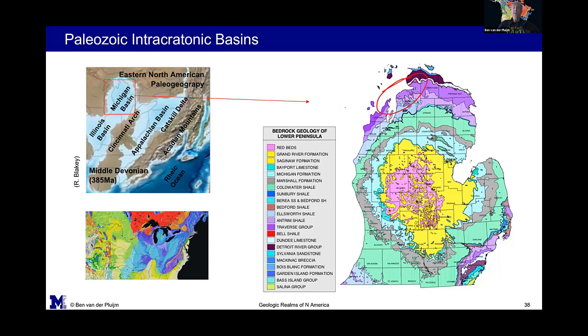But it turns out that the entire substructure of the state of Michigan is this large, nearly perfectly spherical sequence of rocks, meaning they are a basin which is filled up, and another part of the basin filled up, another part of the basin filled up, with the deepest part of the basin nearly 5 kilometers, starting at the base of the Paleozoic.